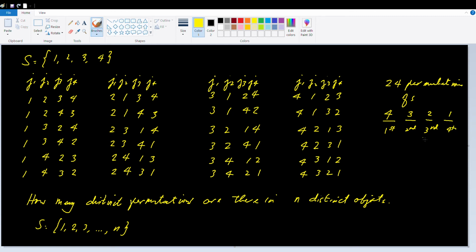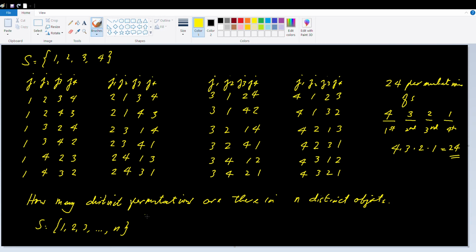Okay? For the first, there are 4 choices, and for each of these, there will be 3 choices for the second position. And for each of the first 2 positions, there are 2 choices for the third position. And for each of the first, second, and third positions, there is 1 choice for the fourth position. So, we simply multiply 4, 3, 2, and 1, and that will give us the total number of permutations.